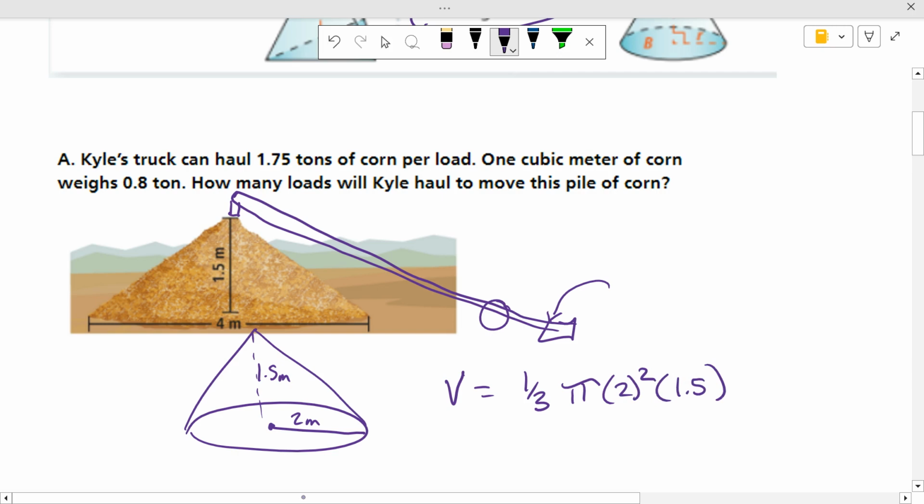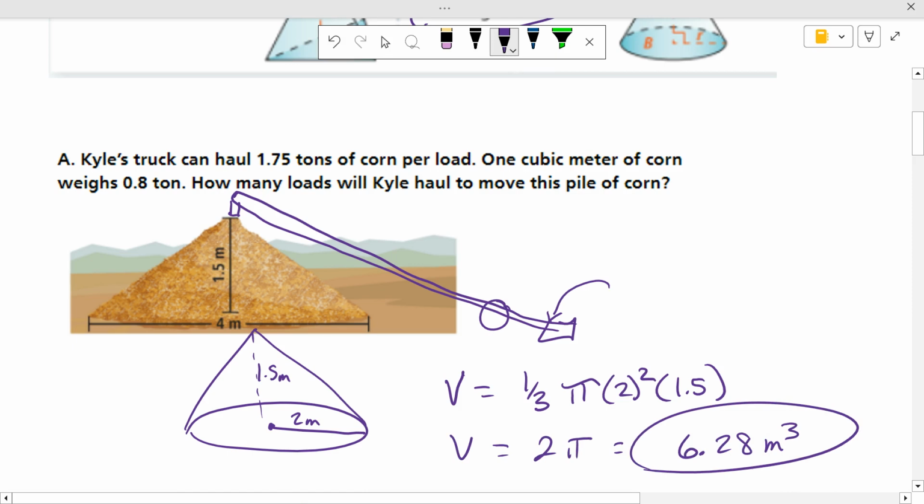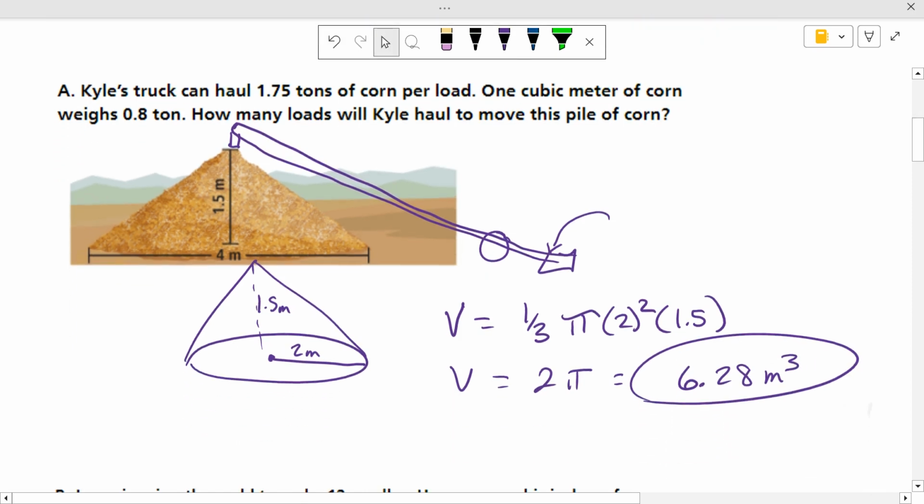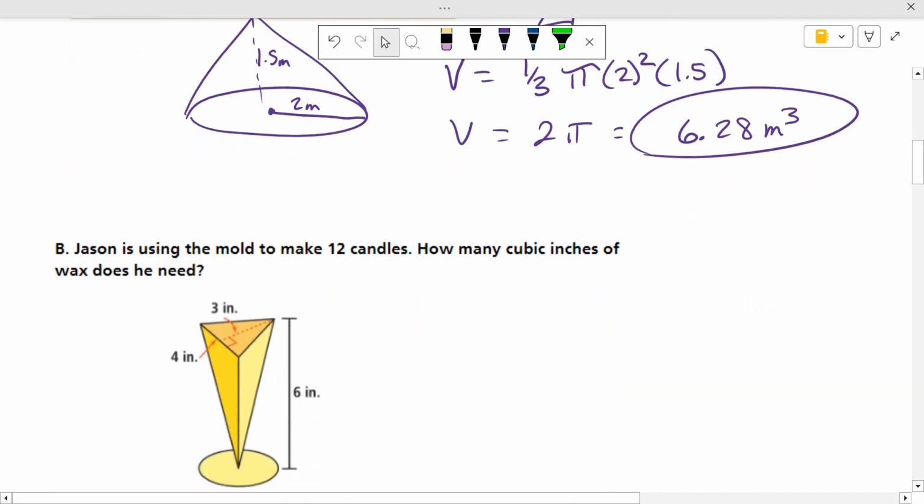Okay, 1/3 pi r squared h. So 4 times 1.5 is 6, so it's 2 pi, which is about 6.28 meters cubed. Okay, so that's the volume of a cone.